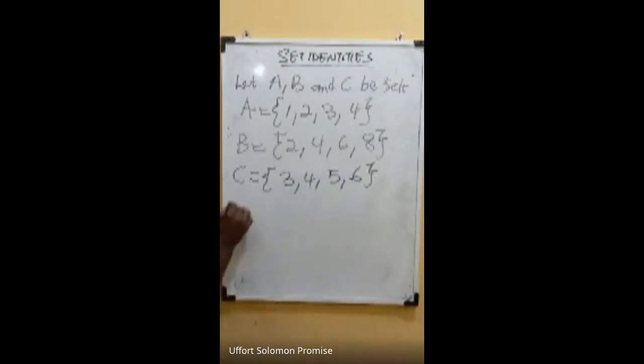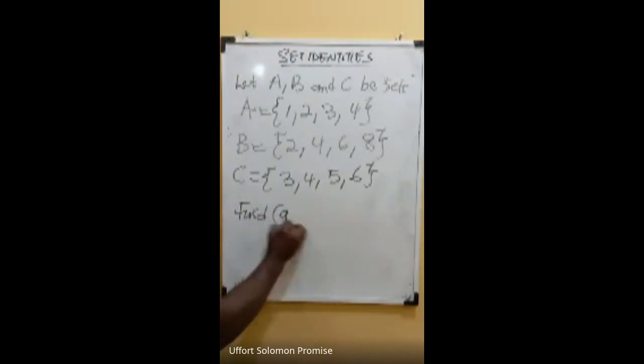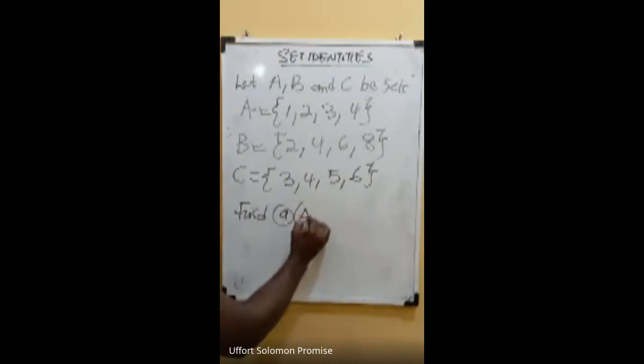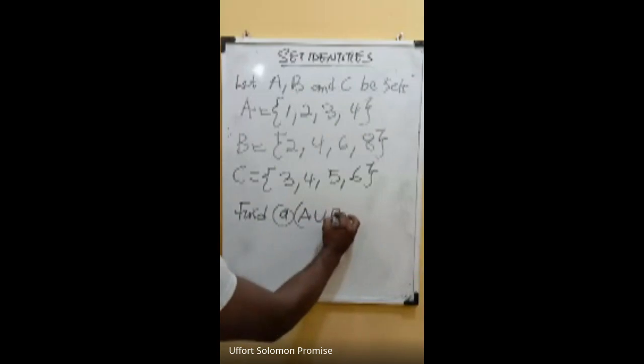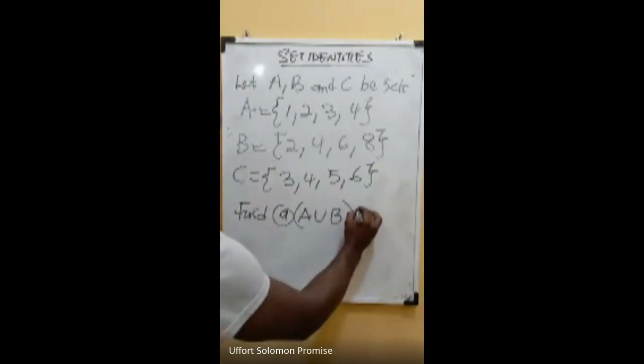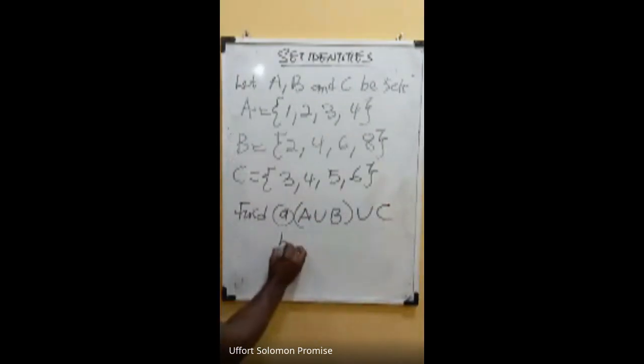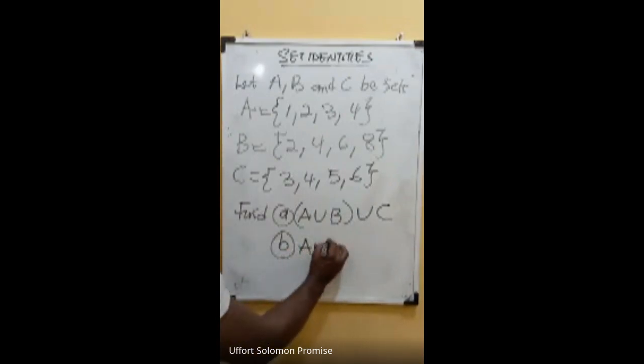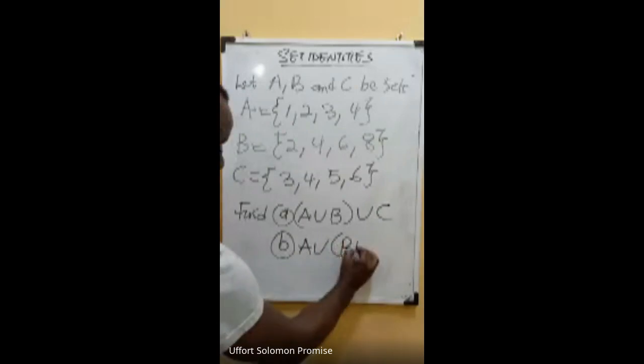The question now is: find A in brackets union B, then union C. Then the B part says: find A union brackets B union C.